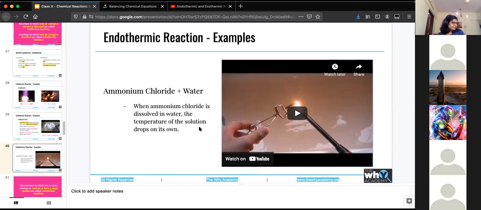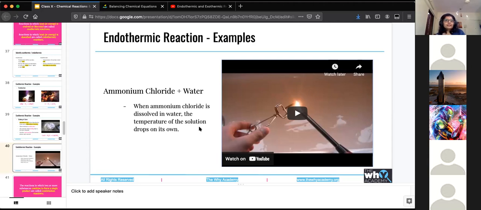Ma'am, when we touch the beaker of hydrochloric acid, it is a little warm, right? Whereas it is formed from ammonium chloride and water only. No, it depends on the temperature of HCl. Usually when you add acids to water, like directly when you're diluting an acid, that is slightly exothermic, yes.